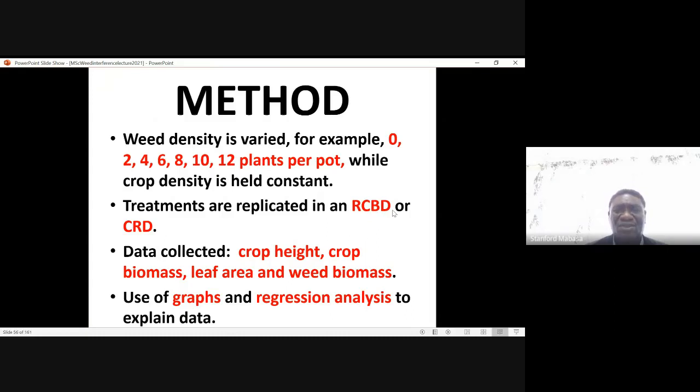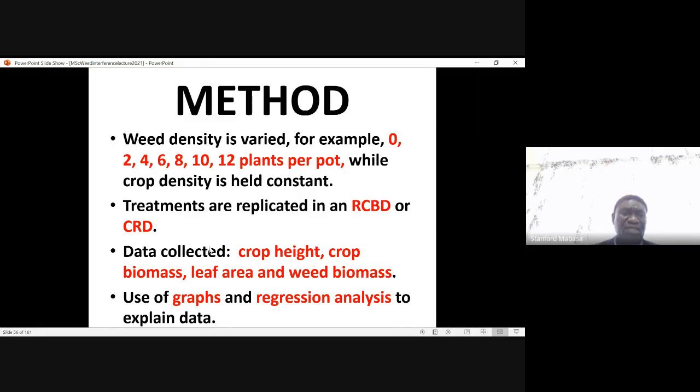I'm sure you are doing this in statistics, or completely randomized designs. Now, what you can measure is crop height, crop biomass, leaf area, and weed biomass.